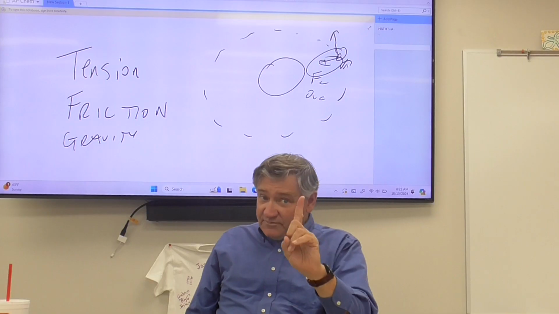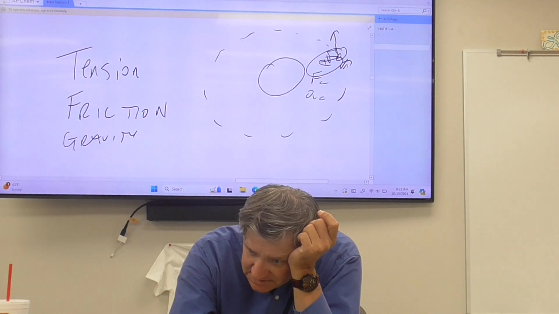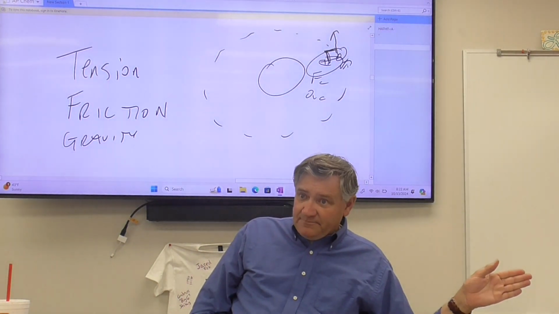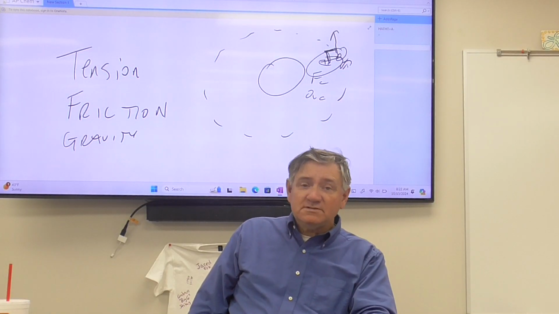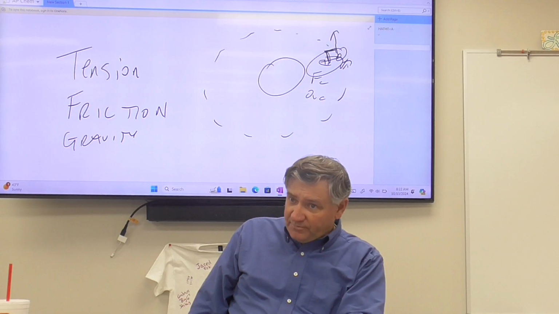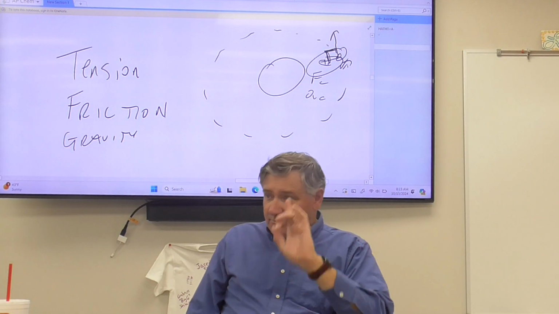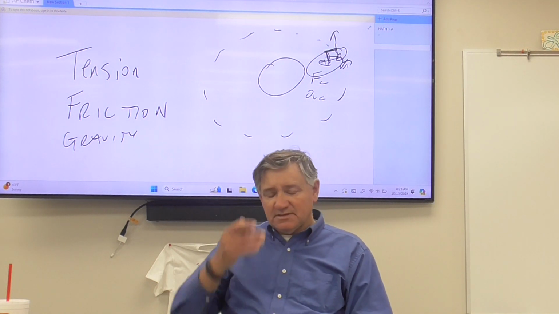Okay, so inward is the first part. The second part of that definition is that it's at a right angle to the instantaneous velocity vector. So when I ask you, and I'm going to, what's the direction of your centripetal force? Oh, it's inward and at a right angle to your instantaneous velocity vector. Those are the two parts to this.